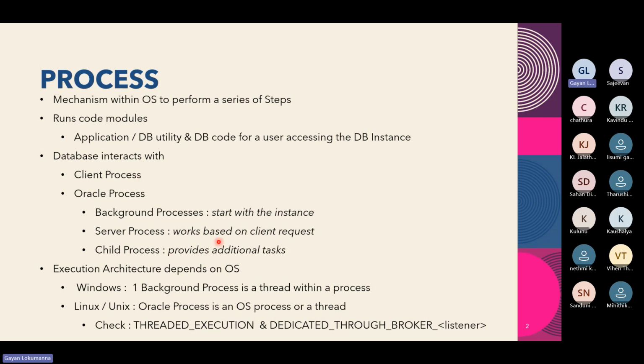So for example, when a client process wants to retrieve some data, let's say I want some data from my employee table, the corresponding server process is responsible for identifying whether the blocks where you have the records that you're requesting are available in the cache. If it is already there, it is the responsibility of the server process to retrieve those records from the blocks and hand them over to the client process.